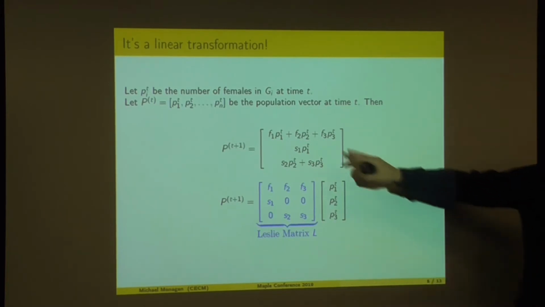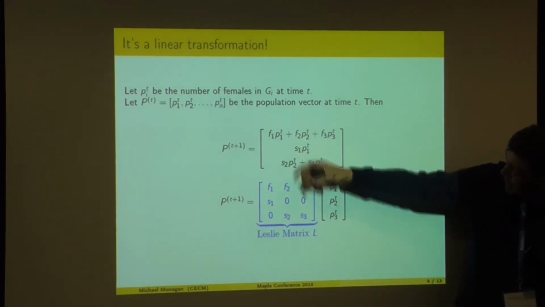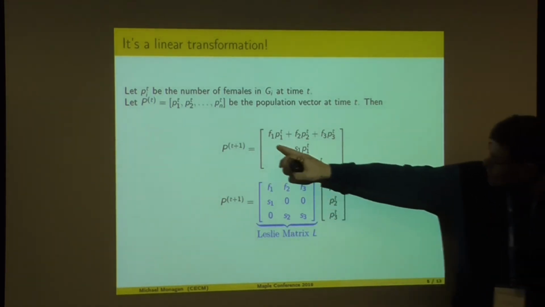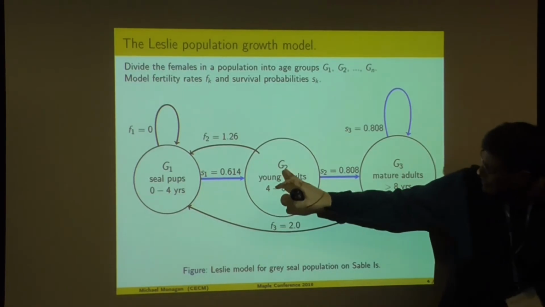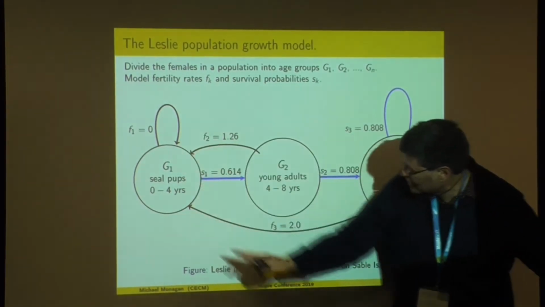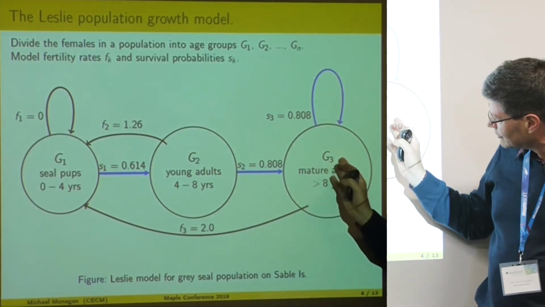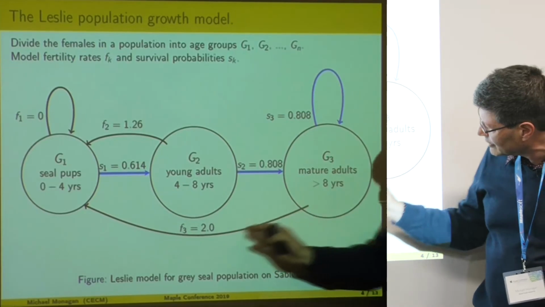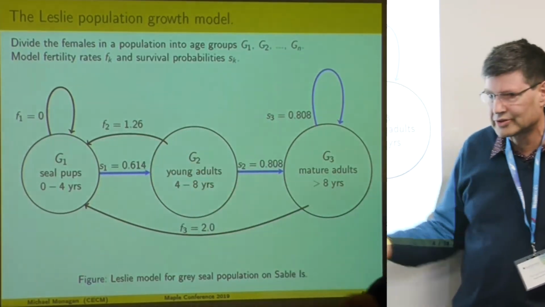So this is the number of babies at time t plus 1, right? And the number of babies just depends on the fertility rates. So in the model, the number of babies comes from 0 times this, 2 times the number of seals in this group, and 1.26 times this.